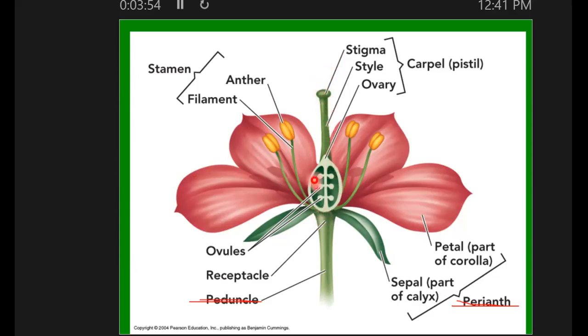So the female part is the stigma, style, and ovary. And the way I remembered that is my dad would often tease my sister and I and say, you women, you're such enigmas. An enigma rhymes with stigma. And so that, for some reason, just stuck in my head when I must have been learning flowers when he was teasing us.